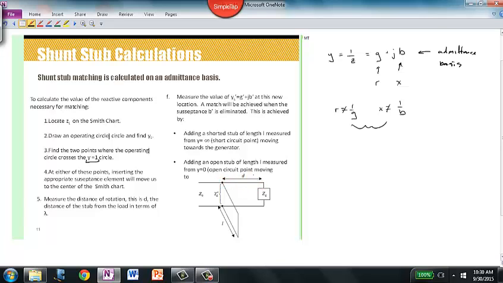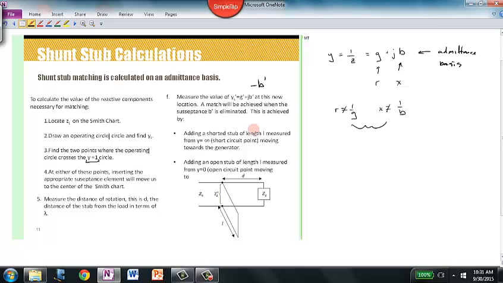So we just find out how far along the operating circle we had to rotate to get to the intersection with the Y equals 1 circle. The second step is that we need to calculate this B. We need to cancel out this B prime value by inserting minus B prime, eliminating it with its opposite value.